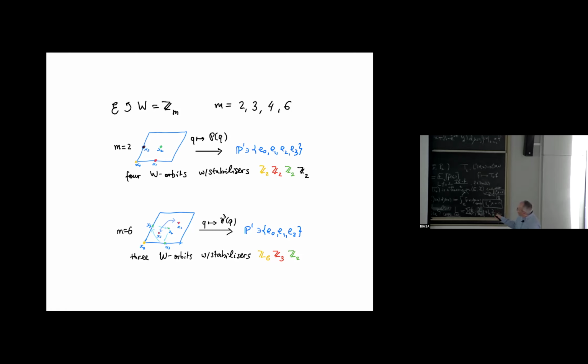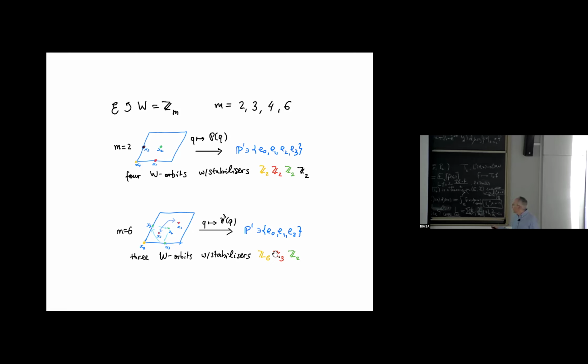And here is what happens just as an example for m equals 6. The 0 is fixed under the full group, so this yellow point has stabilizer Z6. What the red points represent is actually a special orbit. So there are special orbits for the action of Z6. One special orbit I already mentioned, this is 0. The 2 red points represent a special orbit of length 2, so each of the points has stabilizer Z3.